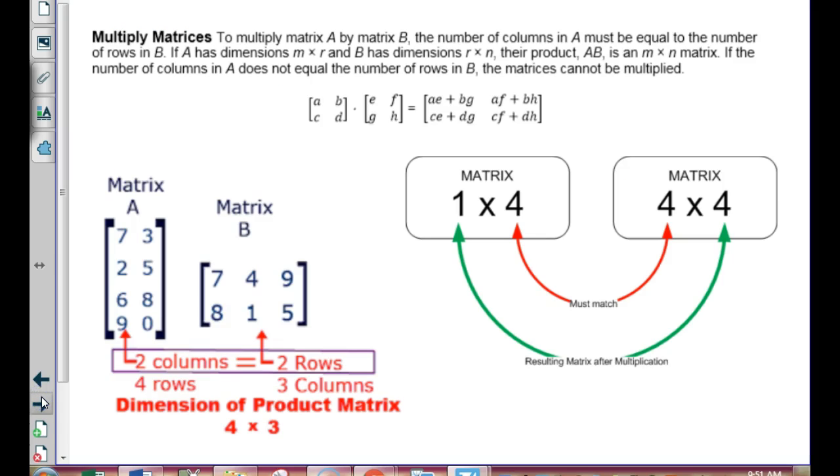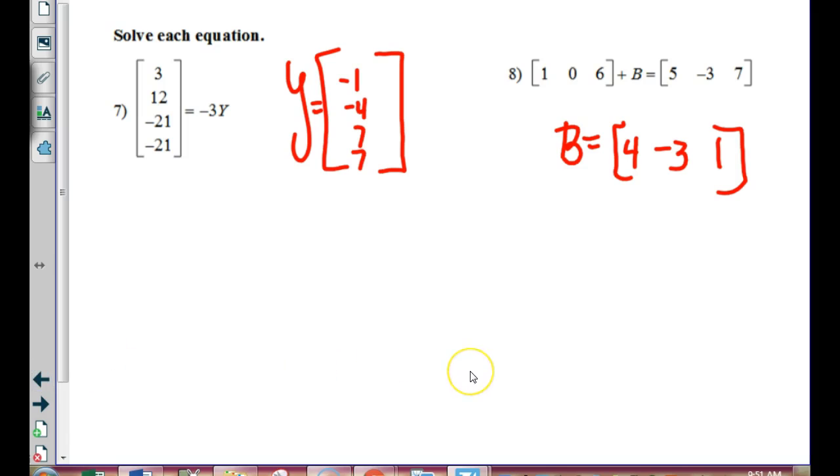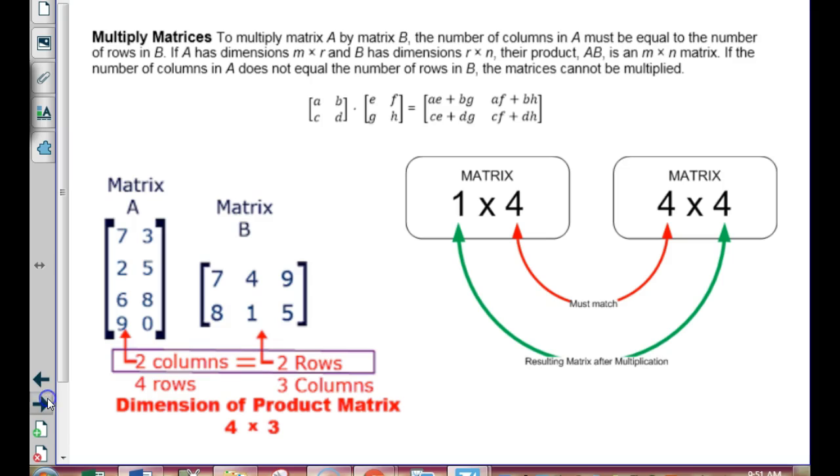All right, then we get to matrix multiplication. Matrix multiplication is tricky. Okay? In order to be able to multiply matrices, and you have to know this, what has to be true is that the number of columns in the first one has to equal the number of rows in the second one.